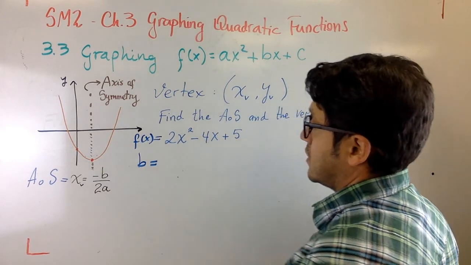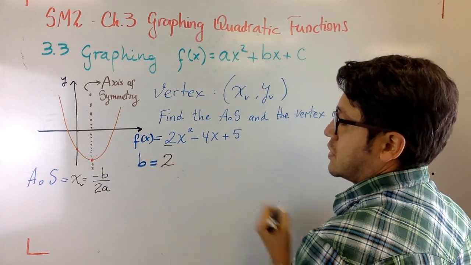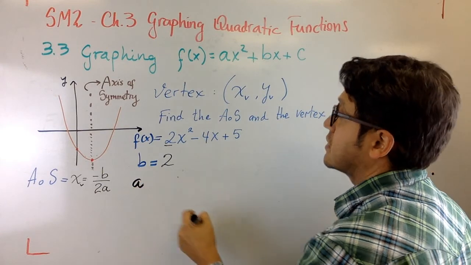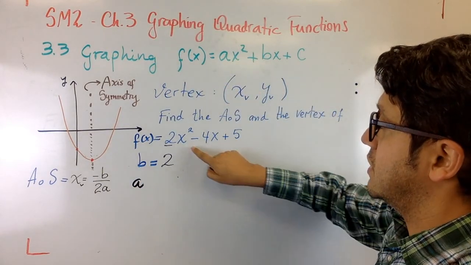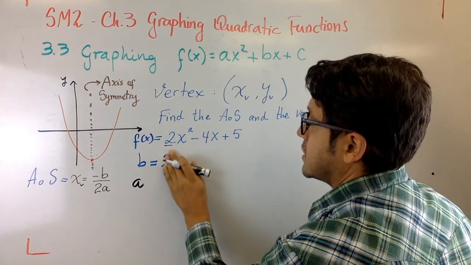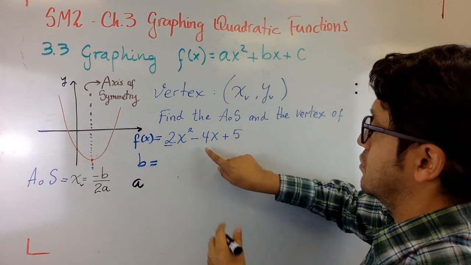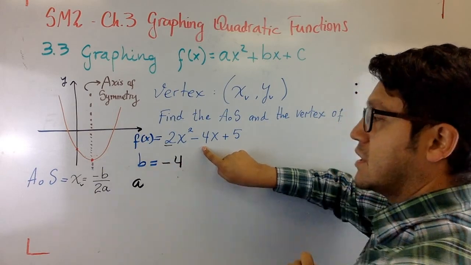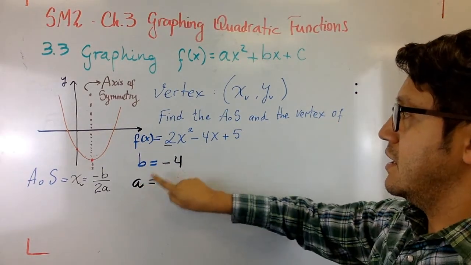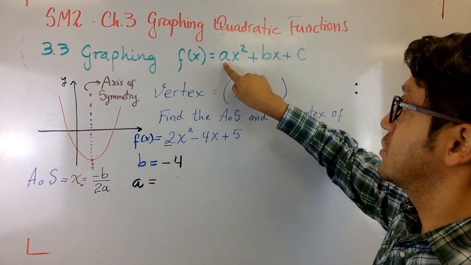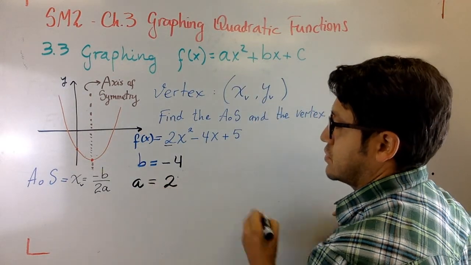Oh, sorry, I made a mistake in here. So b is the coefficient of the linear term, which happens to be -4. And now a is the coefficient of the quadratic term, which in this case is 2.